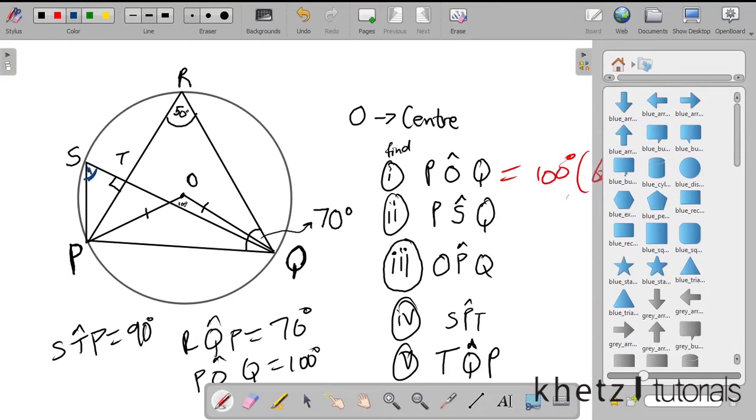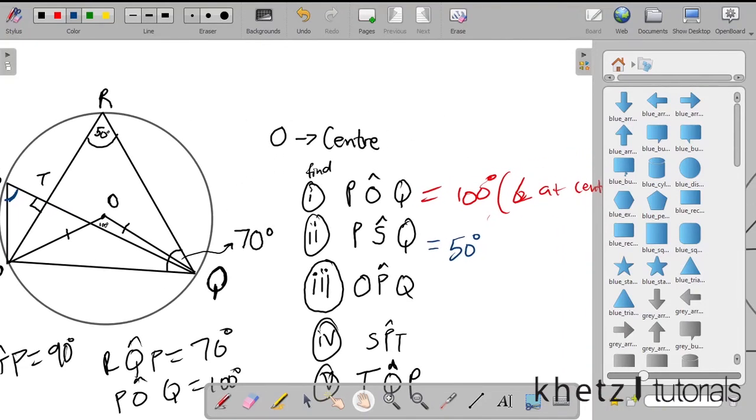PSQ is over there. We know that this is 50. It's given to us in the question. And if you look at this arc, it subtends PSQ as well as PRQ. And therefore, we can say that PSQ is equal to 50 degrees because it's in the same segment as PRQ.